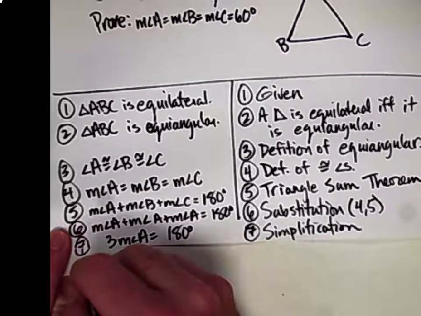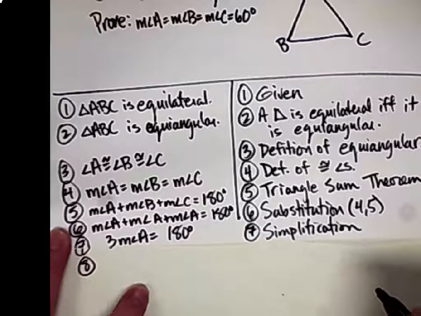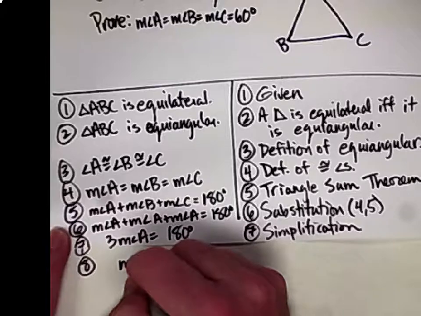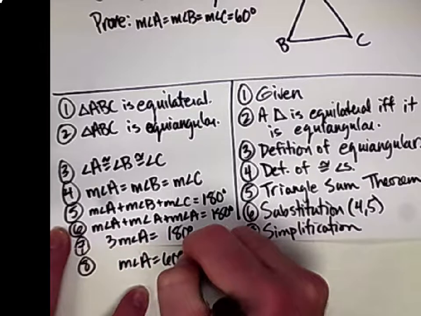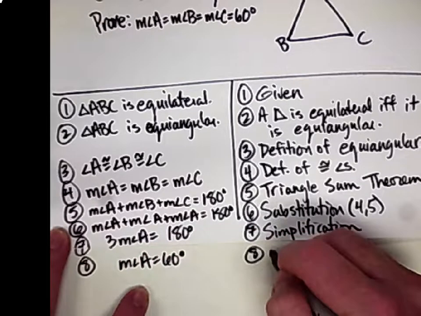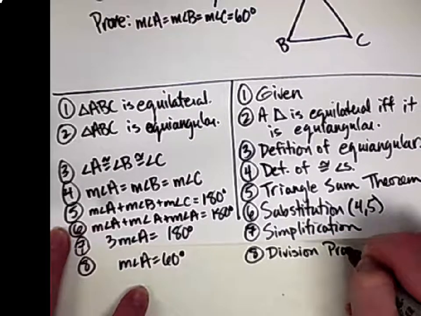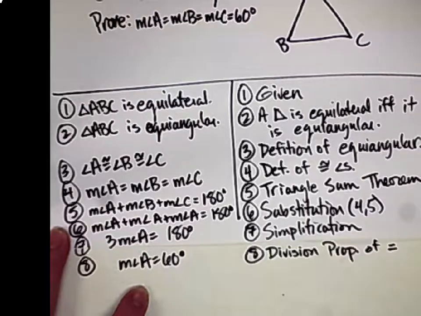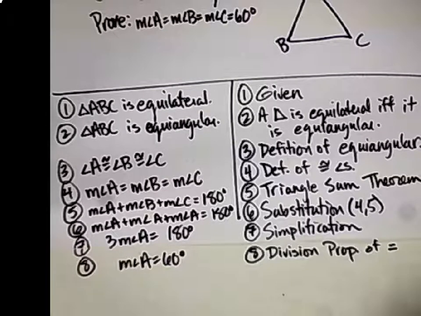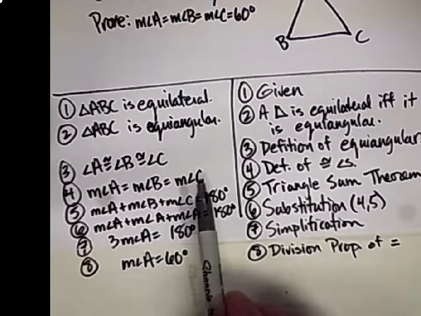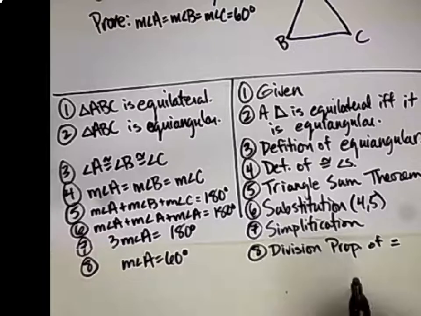Well, then what can we do? Divide both sides by 3 and get the measure of angle A is 60 degrees. That is the division property of equality. Well, A is equal to B is equal to C, and A is 60.